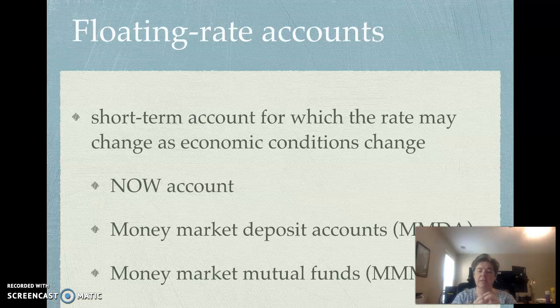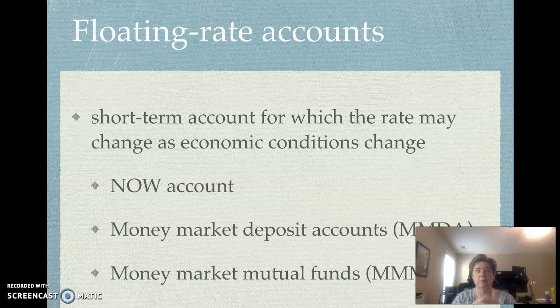The money market deposit account, or money market account, typically has a minimum investment of at least $500. I've seen them upwards from there. Some banks, their minimum on a money market is like $10,000 or something like that. They normally require a rather large down payment, a large investment. They have unlimited deposits, but a limited number of withdrawals.